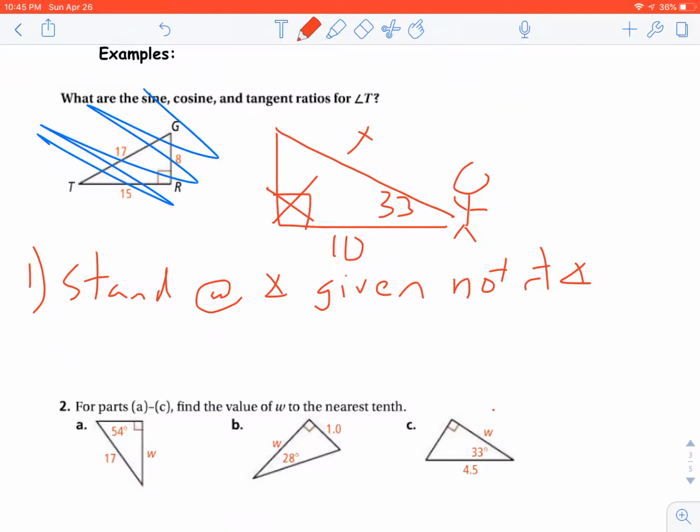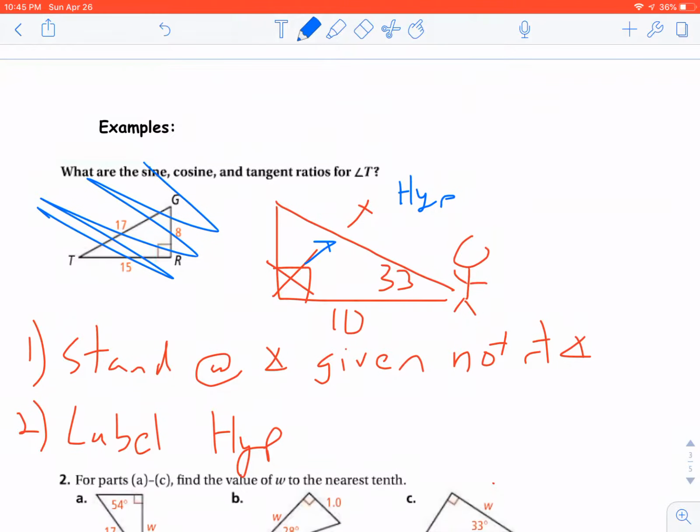Okay, so if I stand at 33 degrees, that leads me to step 2, which is to always label the hypotenuse. Now again, remember the hypotenuse is the side that is opposite of the right angle. In this case, it was already labeled x, but I'm going to label it hypotenuse. Now, you had other choices.